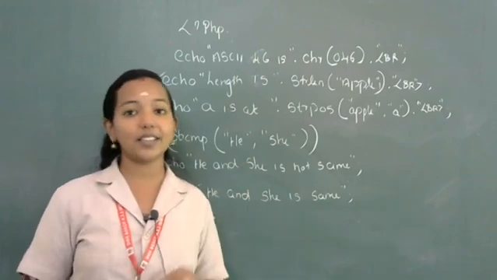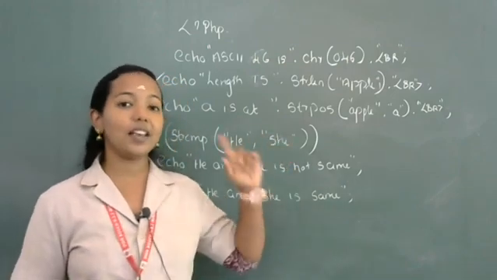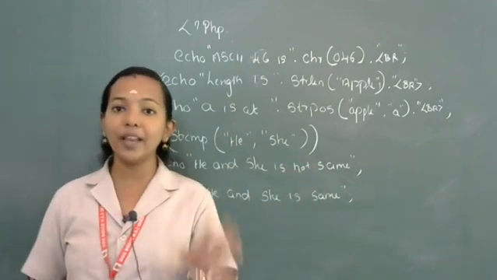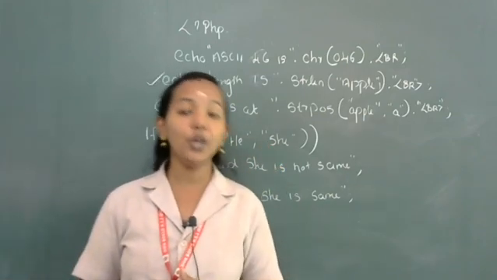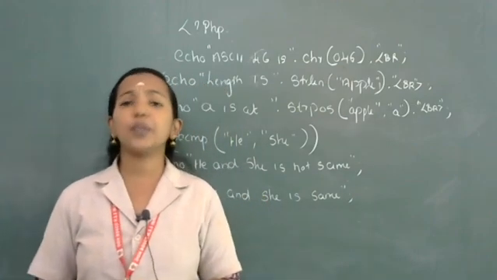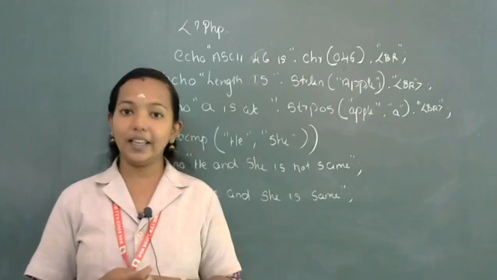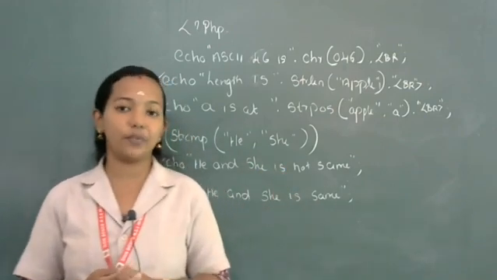After that, chr to find the ASCII equivalent. Then strpos to find the position of a particular character in a string. Then strcmp is a string function to compare two strings. Then you want to write one question in your notebook: list and explain the various string functions in PHP. All the string functions, along with the definition of those string functions.